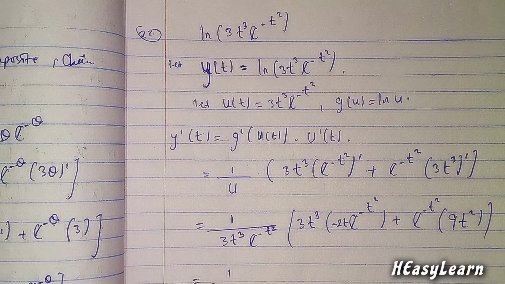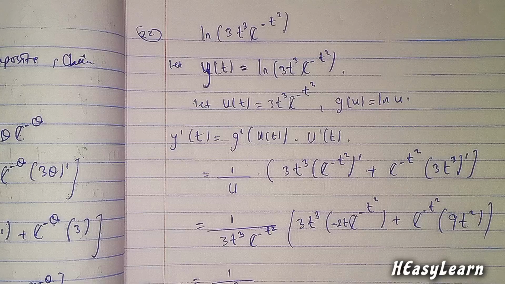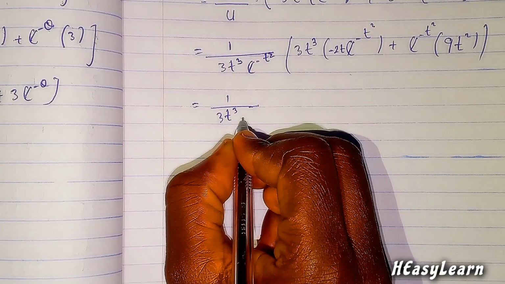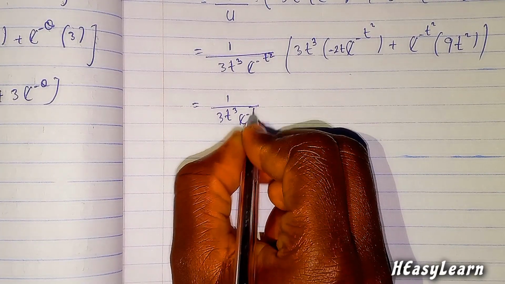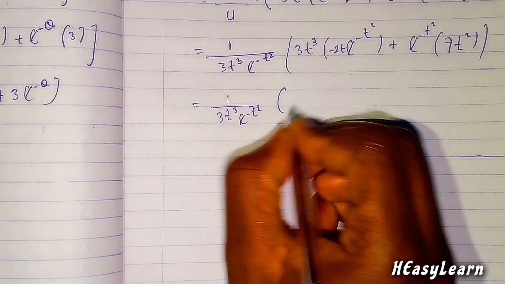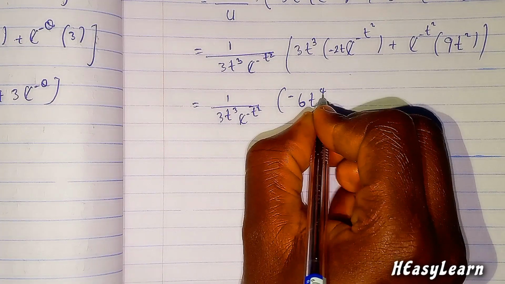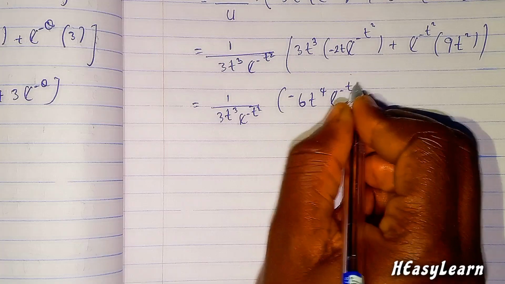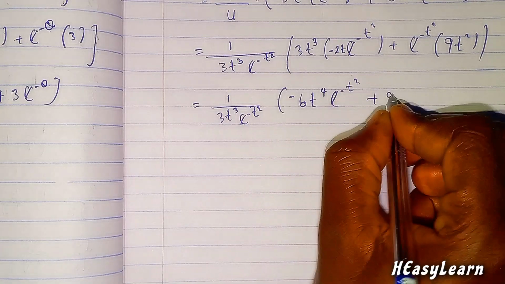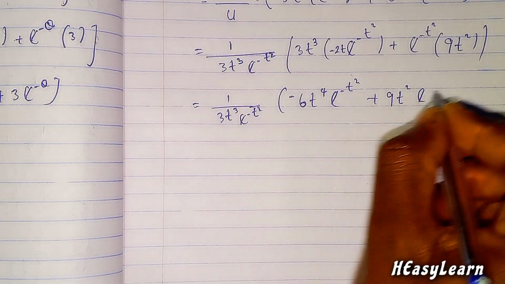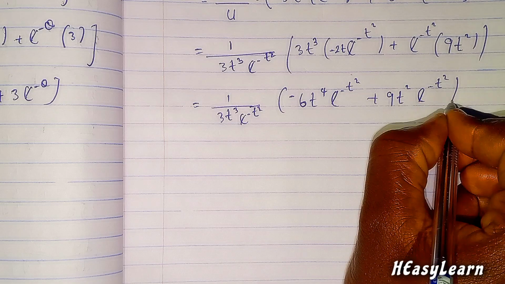This is equal to 1 over 3t cubed, exponential minus t squared multiplied by minus 6t to the power of 4 exponential minus t squared plus 9t squared exponential minus t squared.